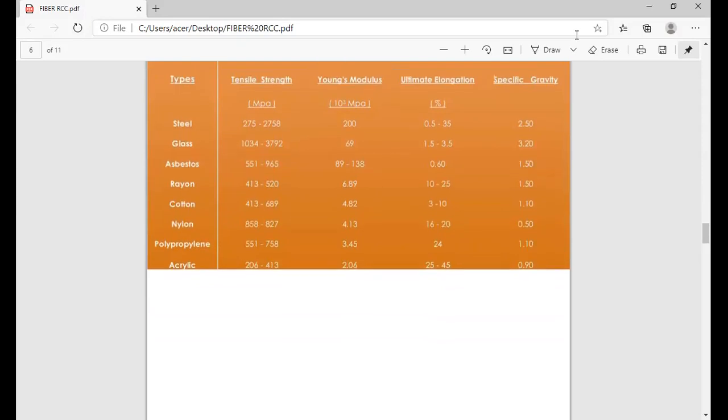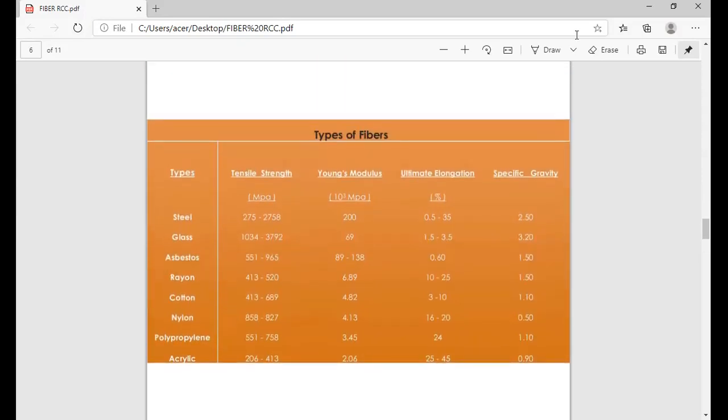Type of fiber. So here you can see the types of fiber: steel, glass, asbestos, rayon, cotton, nylon, polypropylene, acrylic, and some criteria for these fibers. How much will the tensile strength be?